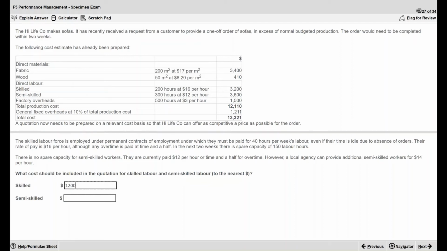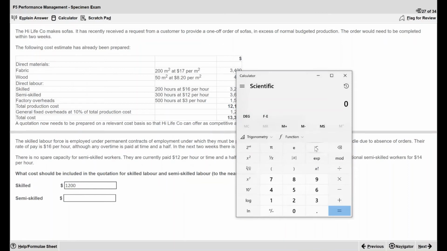So in this case, we will look at whether 12 multiplied by 1.50 is higher or this 14 is higher, because 12 multiplied by 1.50 is higher. We would go with the cheaper alternative, which in this case is the 14 offered by the agency, so we will go with that. So we need semi-skilled 300 hours multiplied by 14, which is 4200.